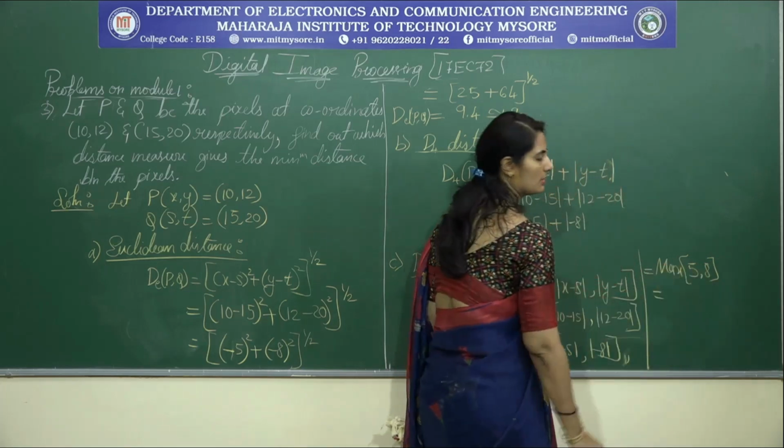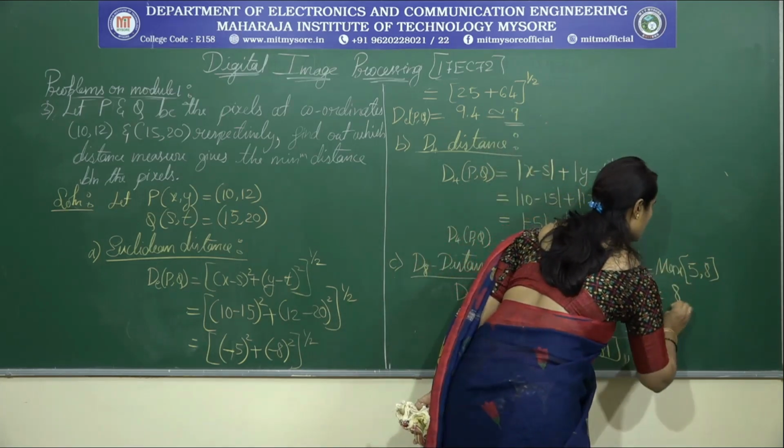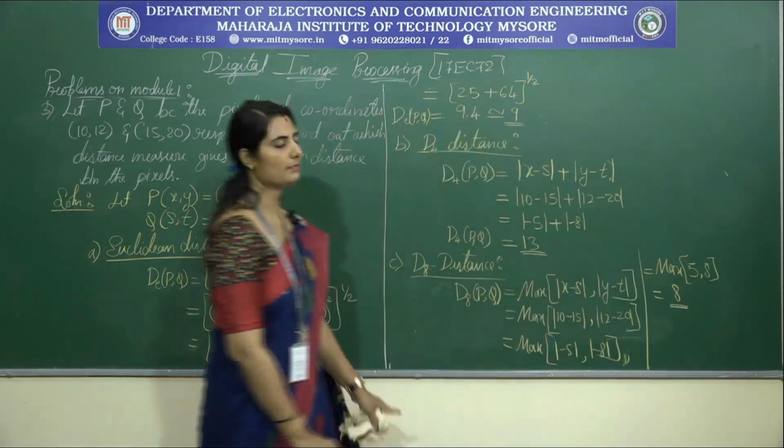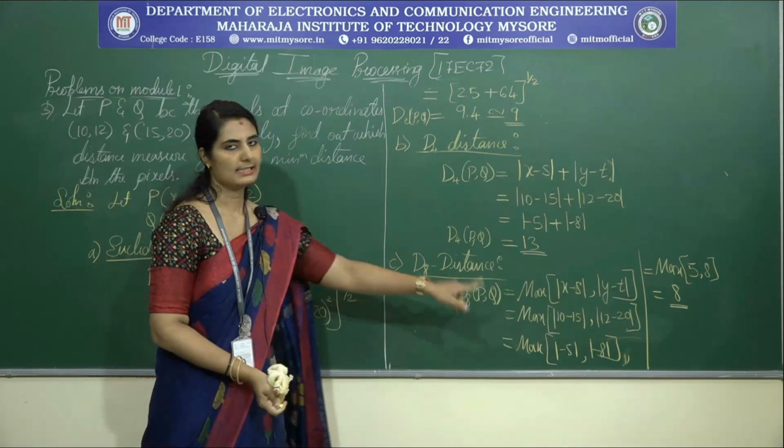Which is the maximum among these two, 5 and 8? It is 8. So therefore the D8 distance is 8.